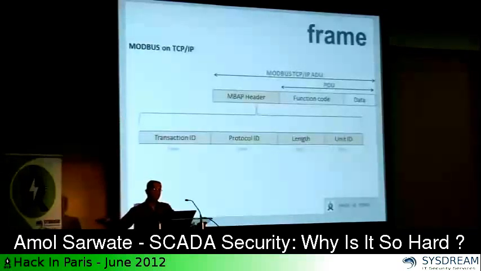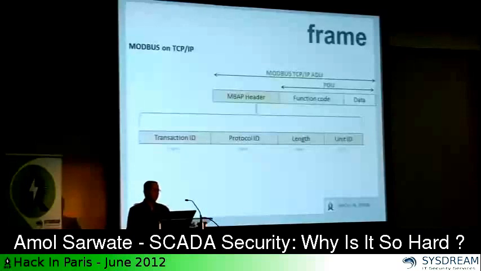And then the server responds saying the temperature is this, for your question number 10. Then my question number 11 would be something else. So it's just a unique ID to identify what request was sent, and to match the response. Protocol ID is fixed for Modbus.